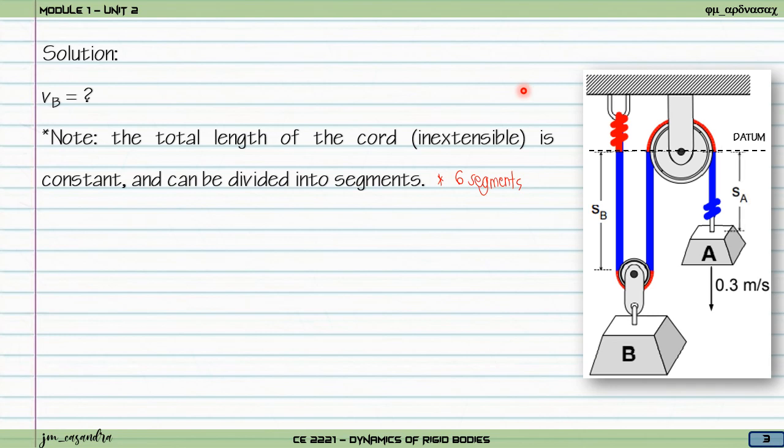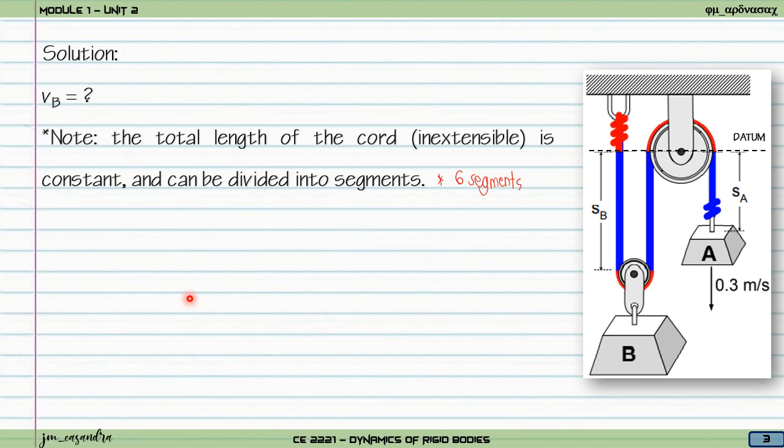The changing lengths will be the length for weight B, which we will call SB, and the length for weight A, which is called SA.